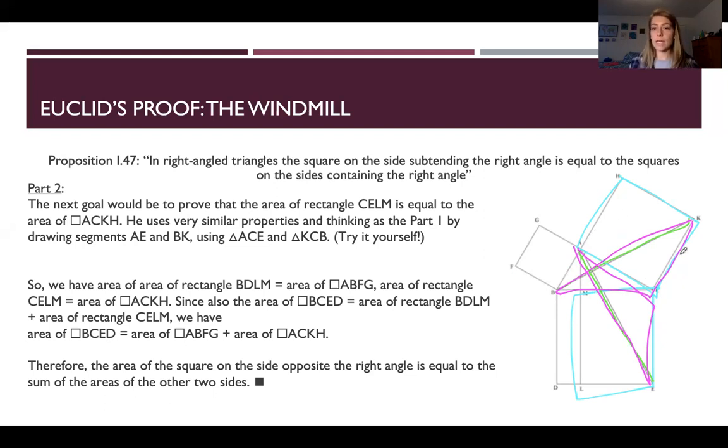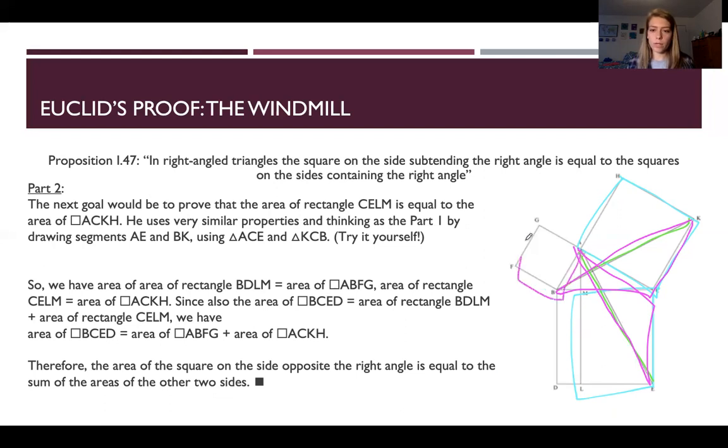And then eventually he has the area of this rectangle BDLM equal to the area of square ABFG, the blue here in this picture. And so thus we have that the area of rectangle BDLM is the same as ABFG.